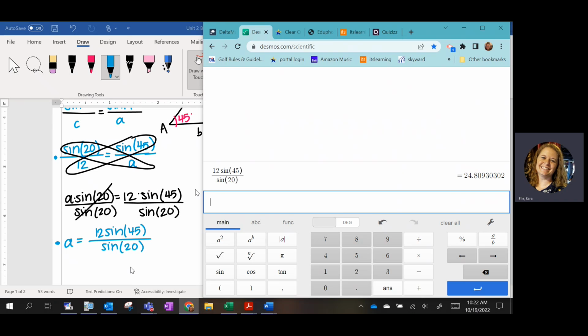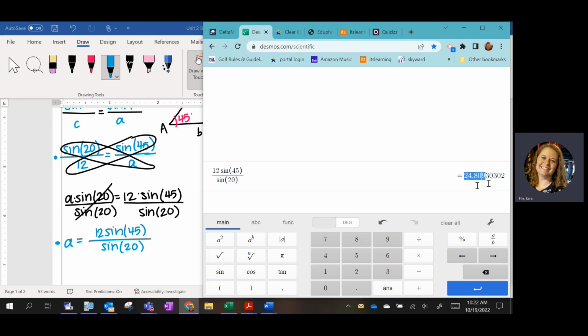For side lengths, we are going to be rounding to the thousandths. So rounding to the thousandths, how many places after the decimal? Like how many numbers after the decimal is the thousandths place? Three places. So three numbers after the decimal, but we look to the fourth number to see if we need to round.